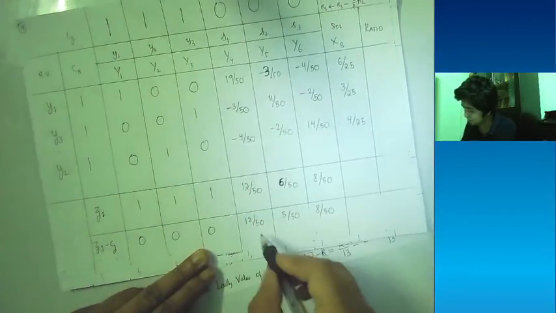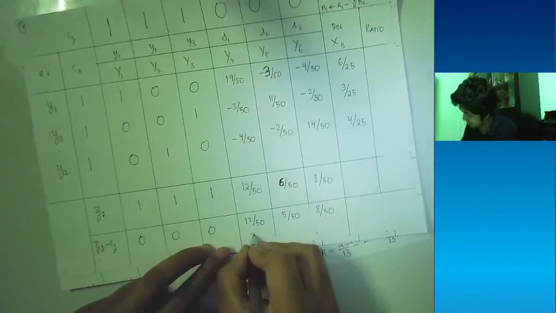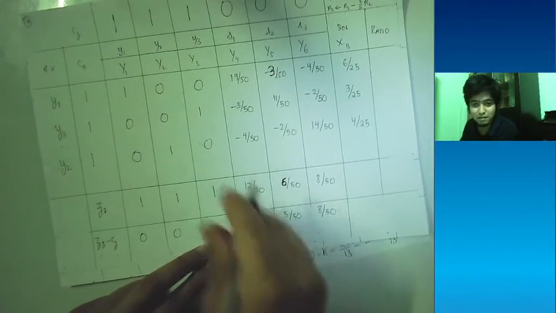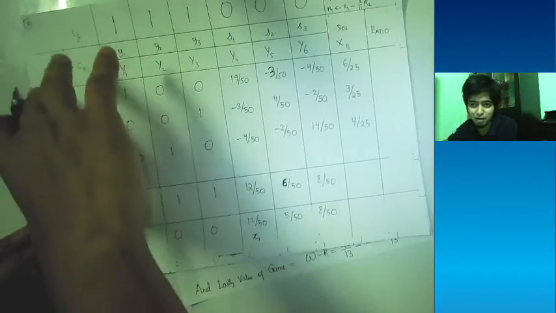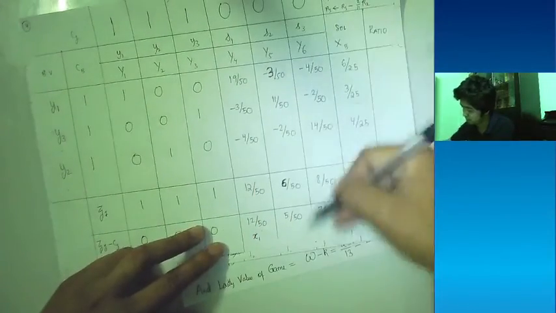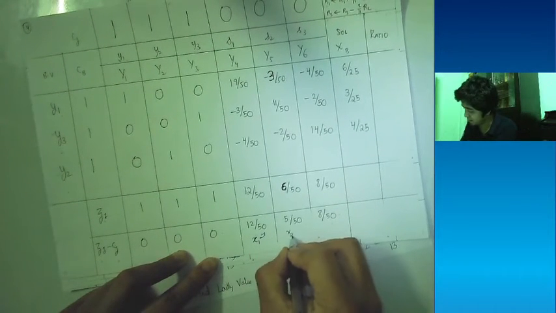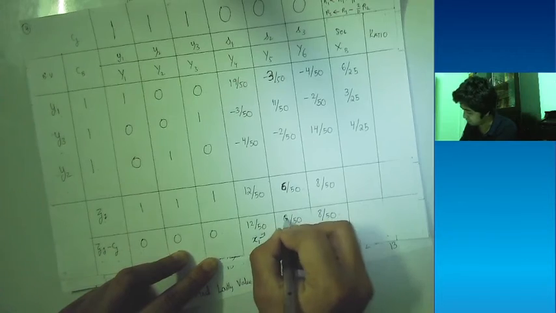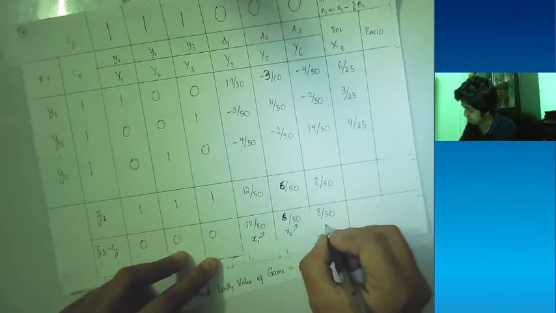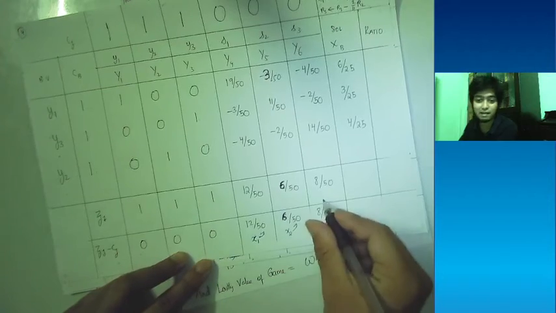In this very last table, you're noticing over here, S1 is 12 by 50. This works when two LPPs form a primal dual pair. You are solving the primal LPP, which is for B, so the solution for the dual LPP will be from these columns. So x1 will be 12 by 50, x2 will be 6 by 50, and x3 will be 8 by 50.